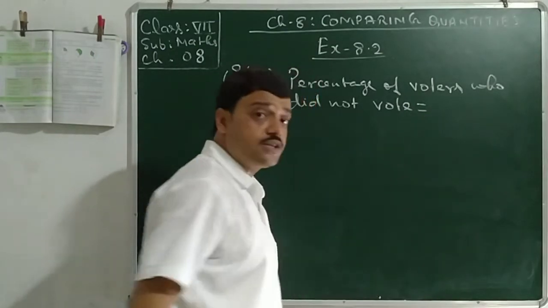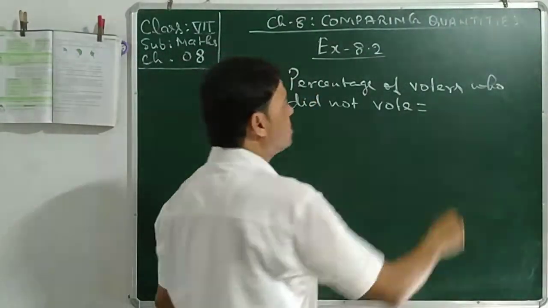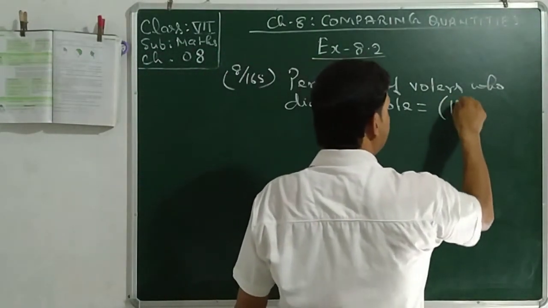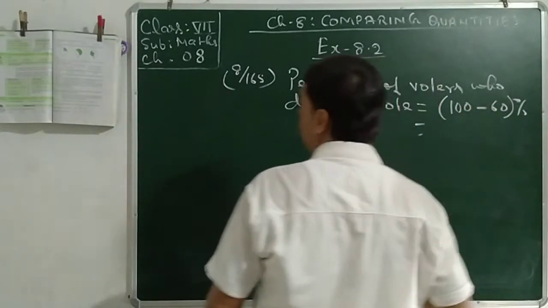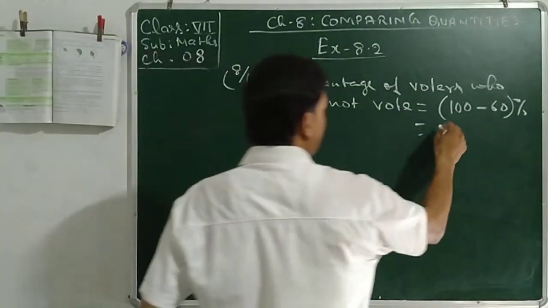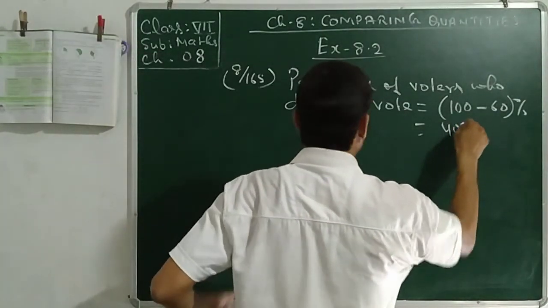It will be, see, the whole is always 100%. So we will write 100 minus 60%. As 60% have voted, so it will be 40%.